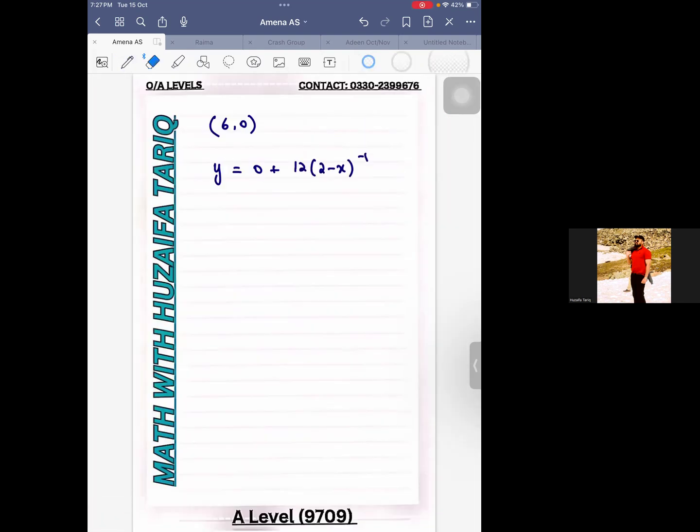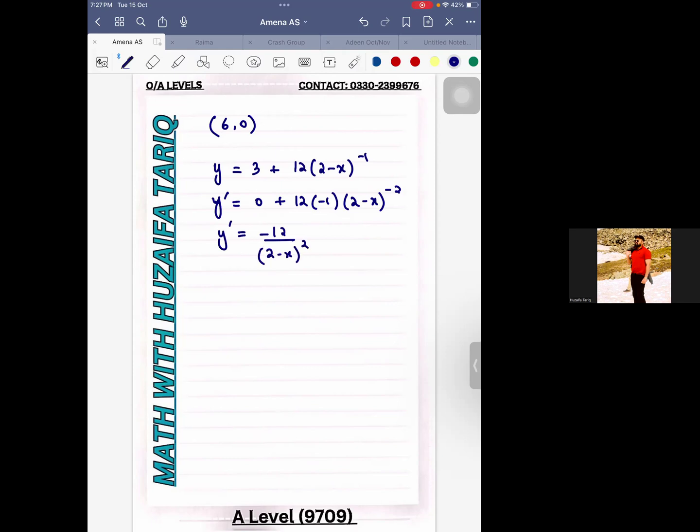First, I have rearranged the equation. I have to write 3 as well over here. So it will be y bar equals 0 plus 12 into minus 1, and then 2 minus x power minus 2. So y bar is equals minus 12 upon 2 minus x raised to the power 2.